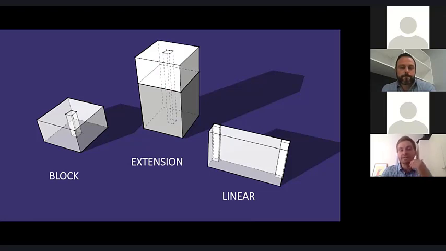And then the linear is obviously a lot longer, possibly taller, and more of a slender approach. And then I've obviously added in extensions as well, because that's really relevant at the moment. And there's lots of opportunities by using timber that can really help unlock those extension approaches due to the high strength to weight ratio of timber, and therefore the reduction of the impact on the existing building stock below.